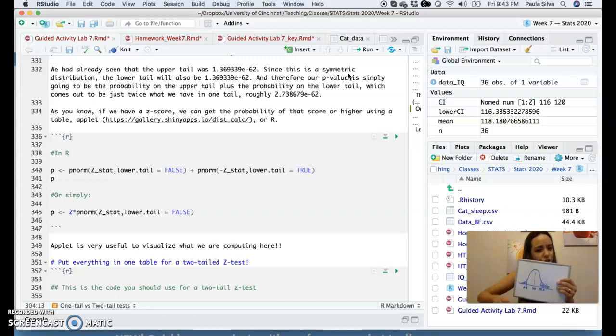So it's a stringent test, basically, but that's all that changes. So instead of computing the p-value as we did before, with pnorm of the z-stat for the lower tail, and then for negative z, because it's the same z, just its negative counterpart, and summing the two, we can simply do 2 times the probability that we compute for the one-tail test.